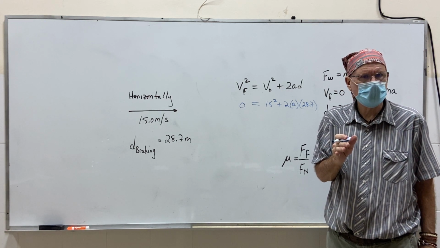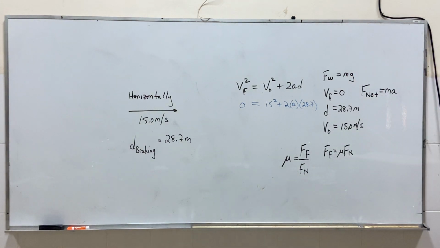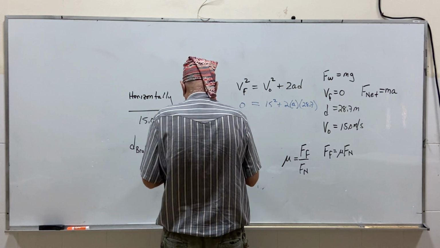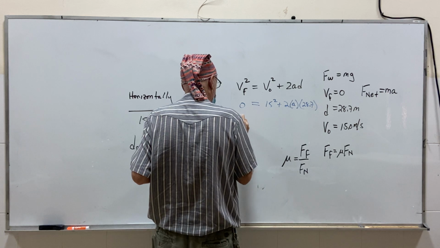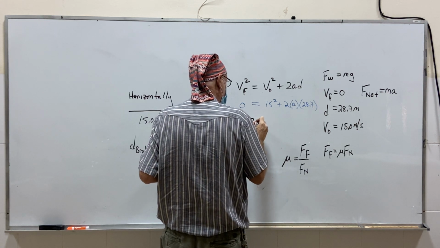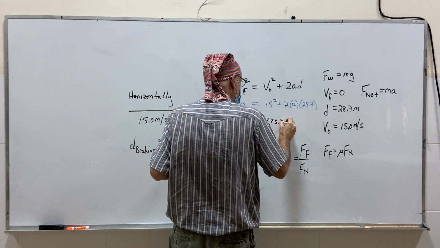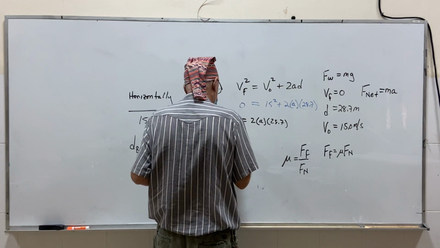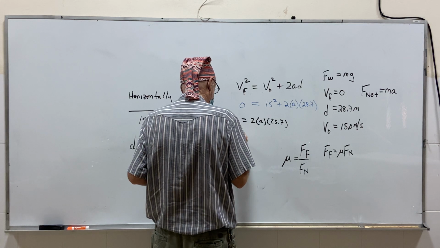What's 15 times 15? 225. So this is going to be negative 225 equals 2A times 28.7.